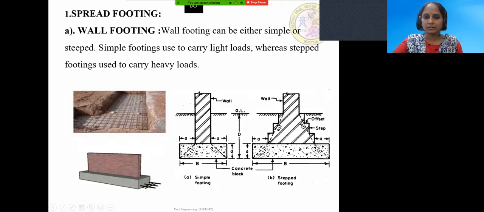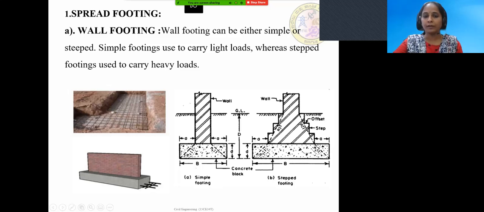This is the simple wall footing, so it doesn't have any steps. This kind of footing is selected when the load is very less, the soil is firm, and the SBC, the safe bearing capacity, of the soil is good. At that time we'll choose the simple footing.